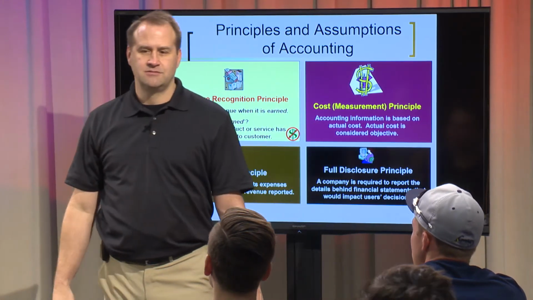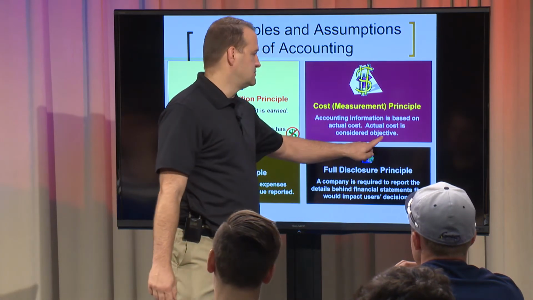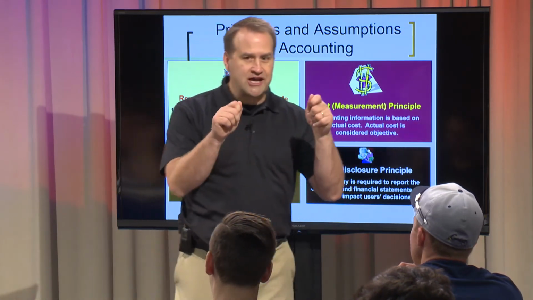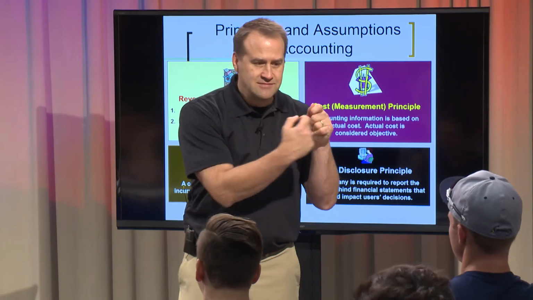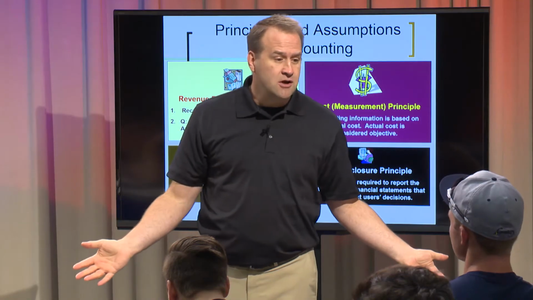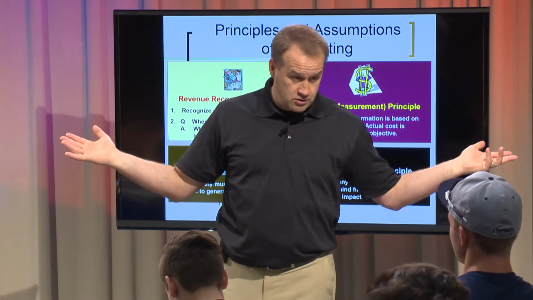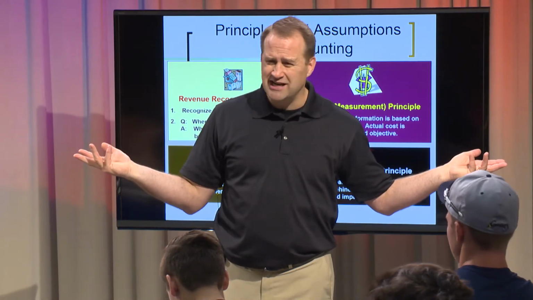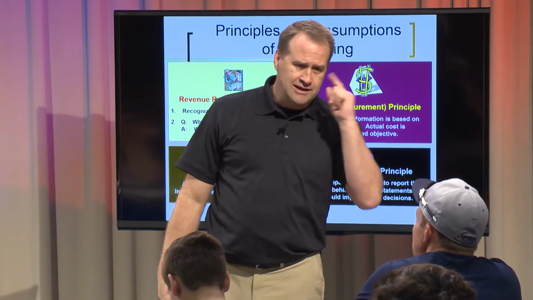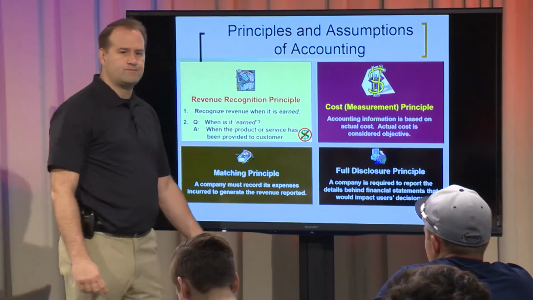$12,000. Because that is considered objective. You can show somebody the check and say, see the $12,000? That's how much I paid for it. You could distort things quite easily if you just said, well, I'm going to list my assets at what I think they're worth. You see what I'm saying? That's too subjective. We list things at their cost because that is objective.